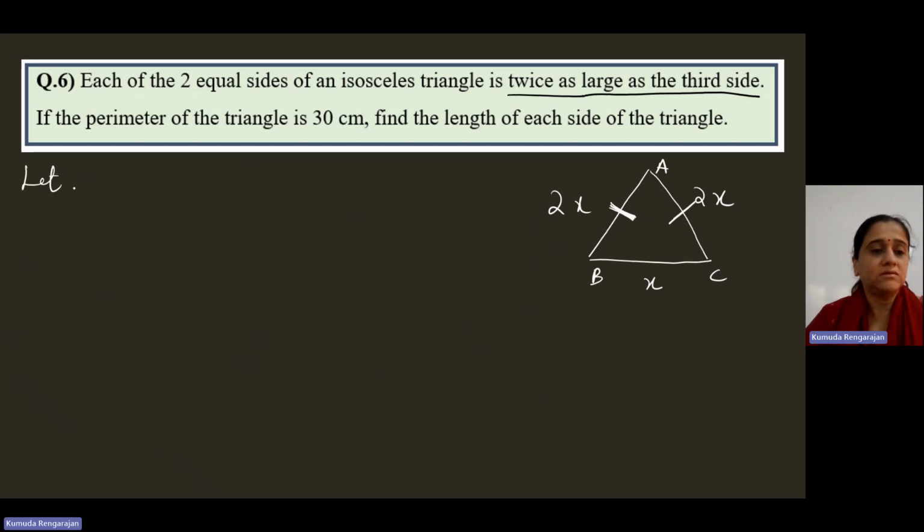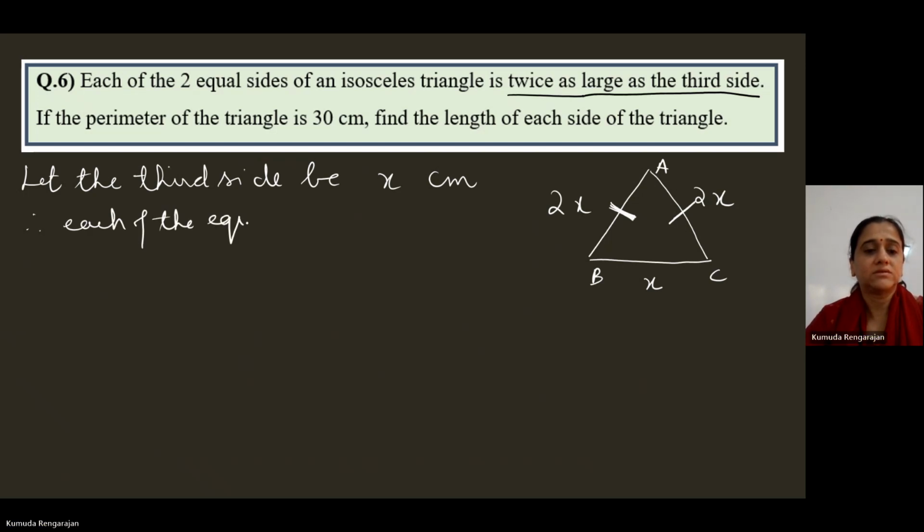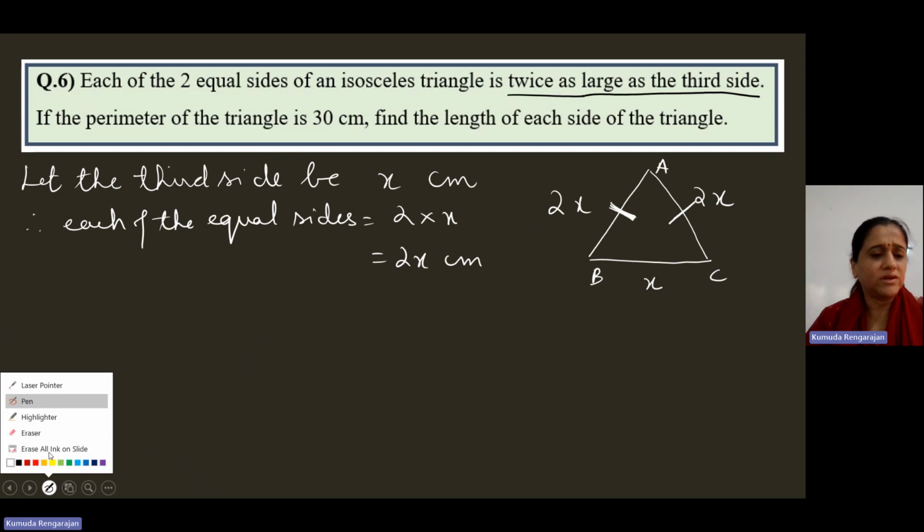So let the third side be x centimeters. Therefore, each of the equal sides is equal to 2 into x, which is 2x centimeters. But directly you can write 2x.